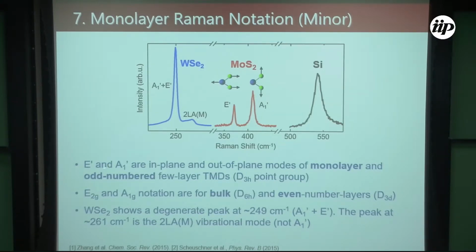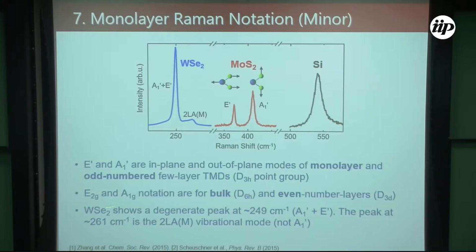What my students tell me is that the correct labels for the Raman modes of MoS2 are E prime and A1 prime. And this notation, which I see very often for monolayers, is actually really for bulk, and, by the way, for even number layers, because these belong to different point groups. I don't know almost anything about group theory, but people who do tell me that this is correct.